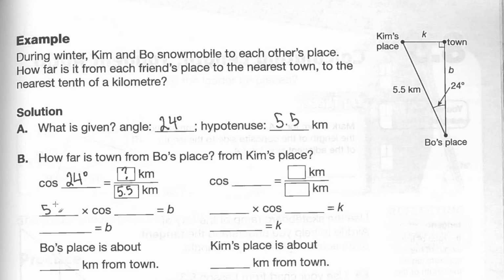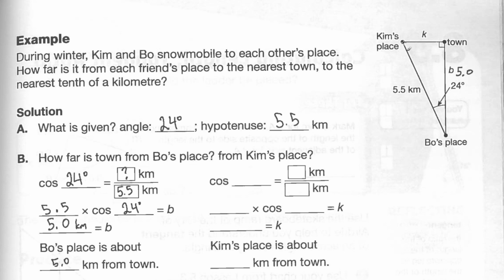So that's the same as 5.5 times the cos of 24, which if you put that in your calculator, and it wants it to the nearest 1/10 of a kilometer, so that is equal to 5.0 kilometers. So Bo's place is about 5.0 kilometers from town. So I can even put that. 5.0 kilometers from town.